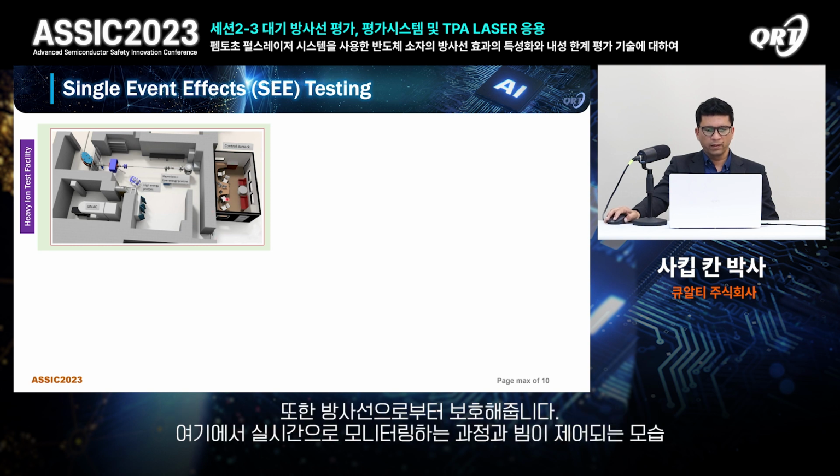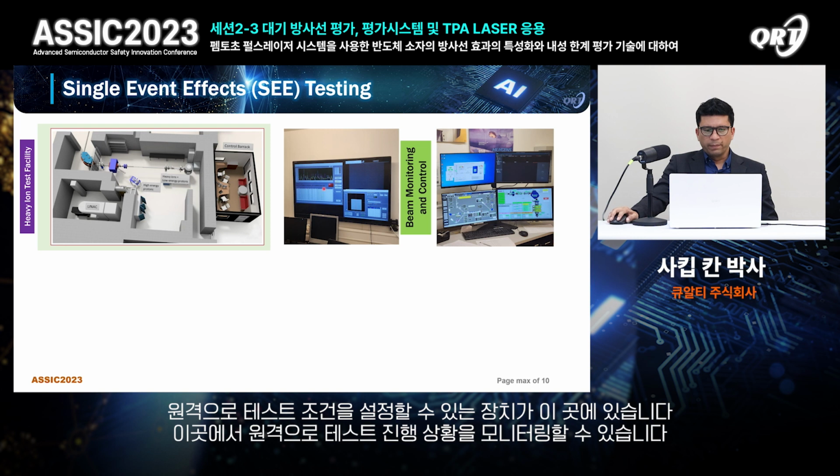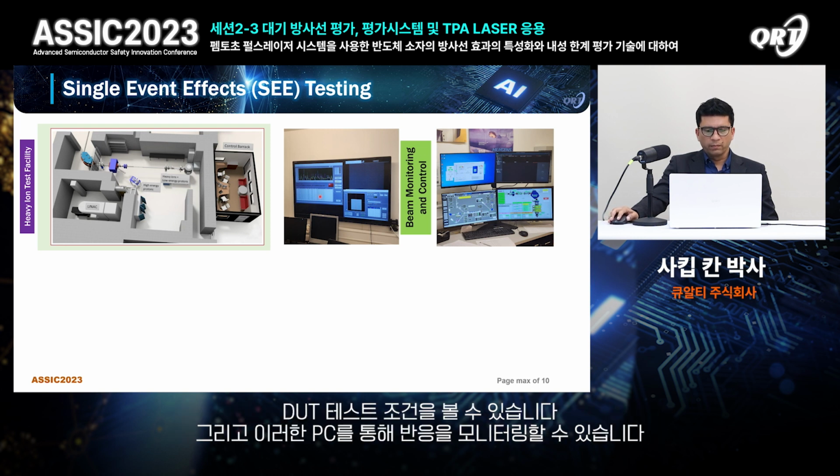It also provides protection from the radiation. This shows how it can be monitored in real time and how the beam is controlled, and as well as the DUT test conditions and the response is monitored through these PCs remotely.